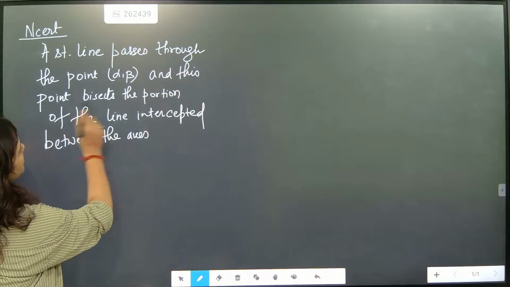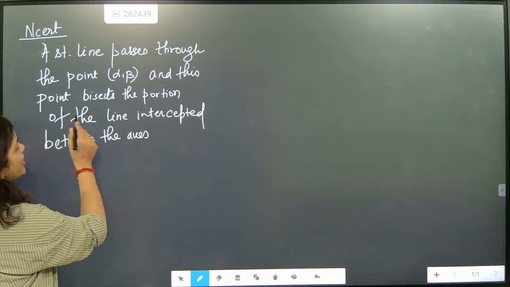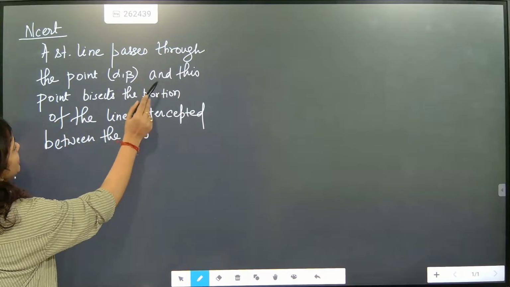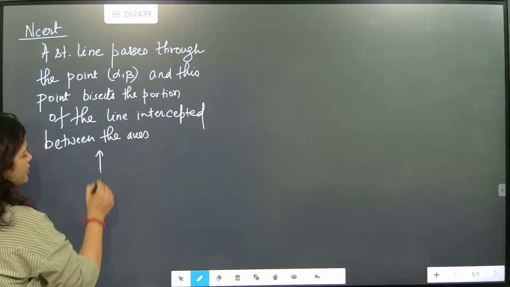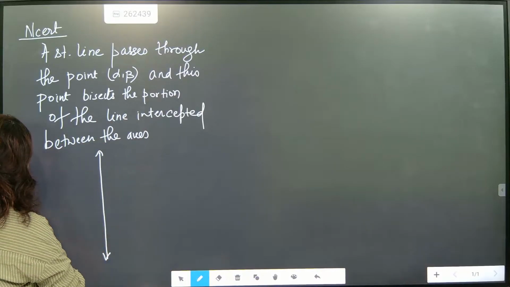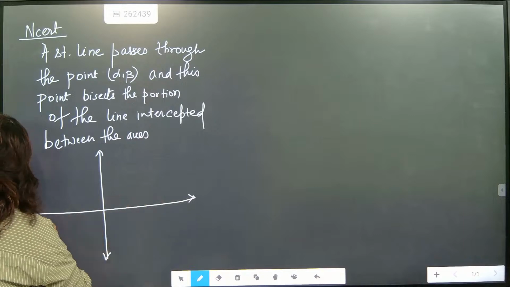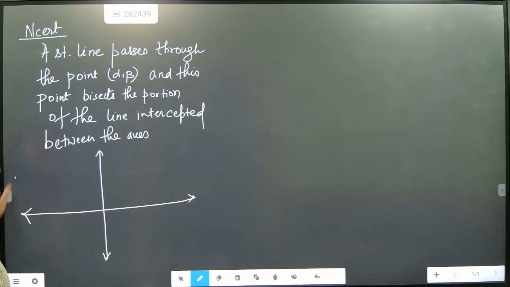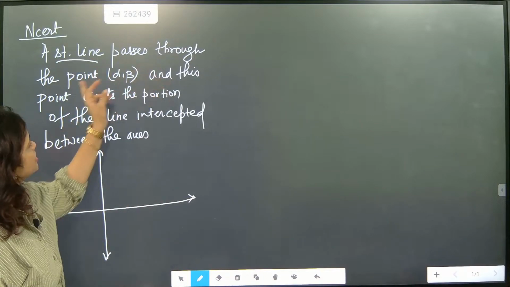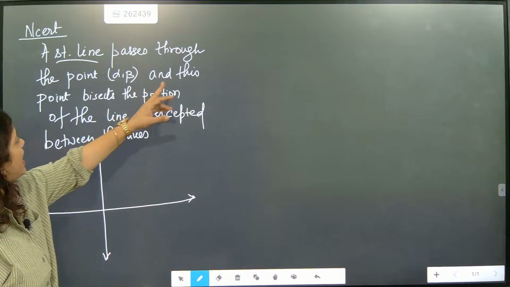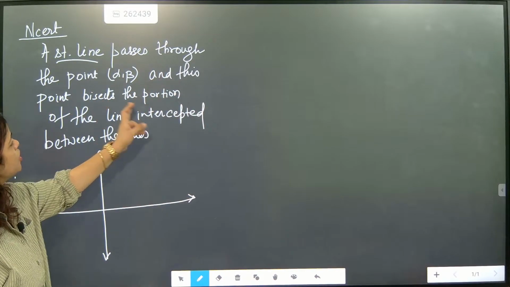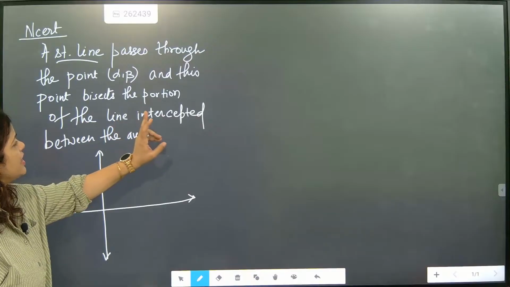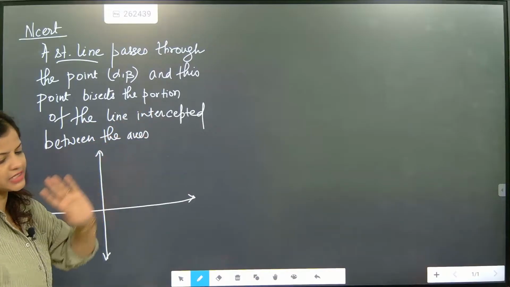A straight line passes through this point, and this point bisects the portion of the line intercepted between the axes.